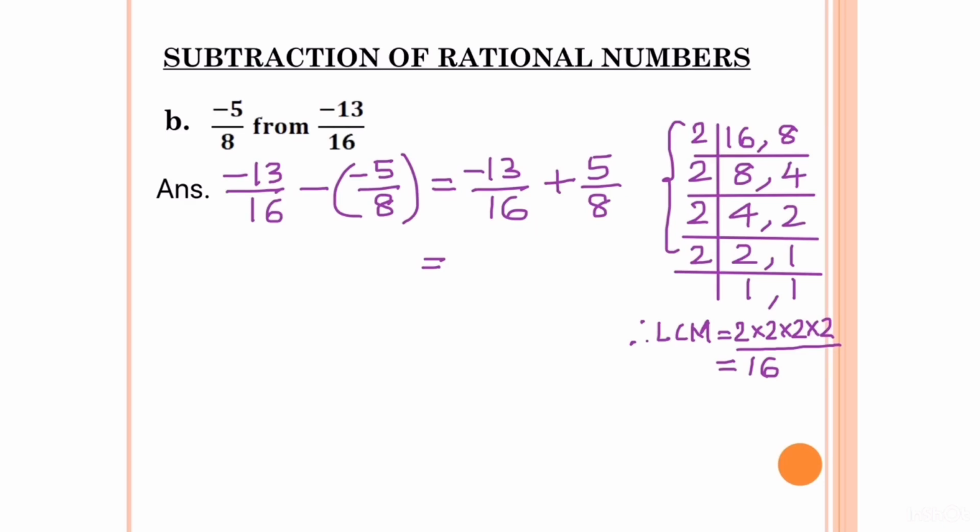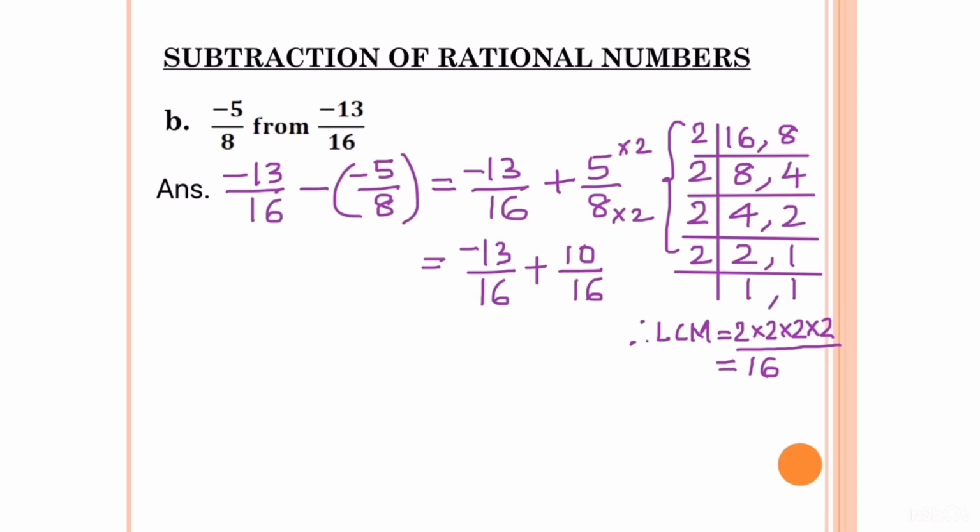And we know that 8 times 2 gives 16. The same 2 we will multiply even with the numerator. So we get minus 13 by 16 plus 5 times 2 is 10 by 8 times 2 is 16.